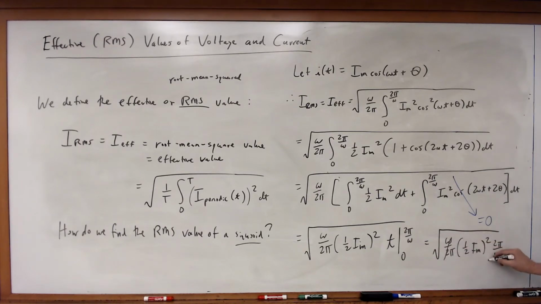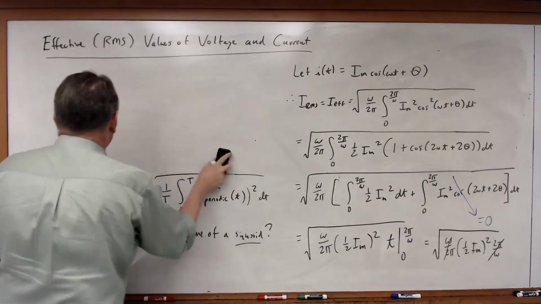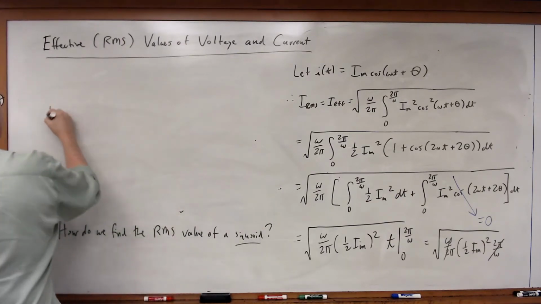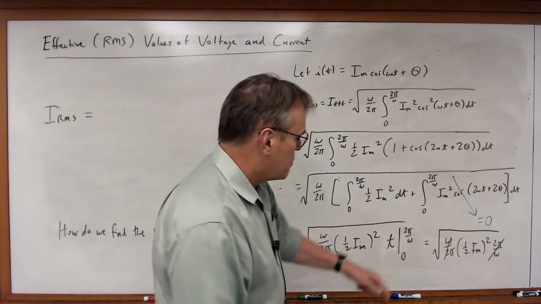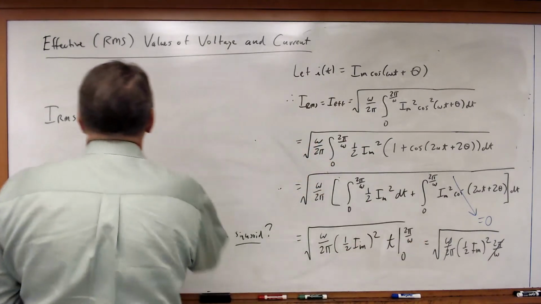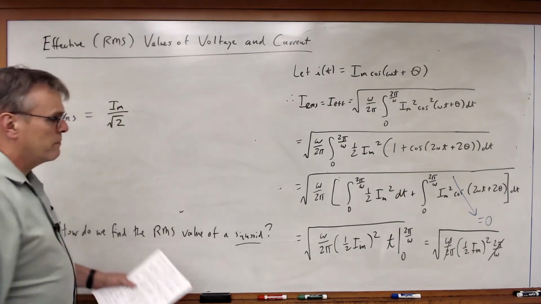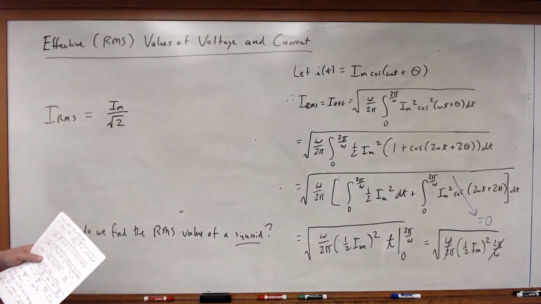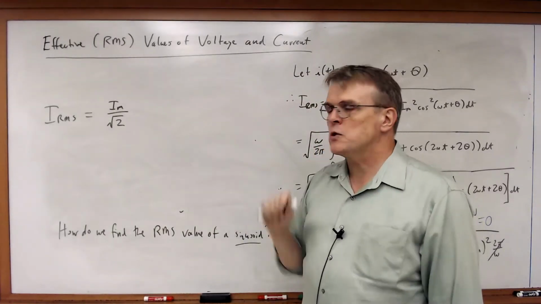And very nicely, the omega terms cancel out. Therefore, what we get is that I RMS is equal to the square root of 1/2 Im squared, which is just Im over the square root of 2. This is the RMS value of a sinusoidal current.